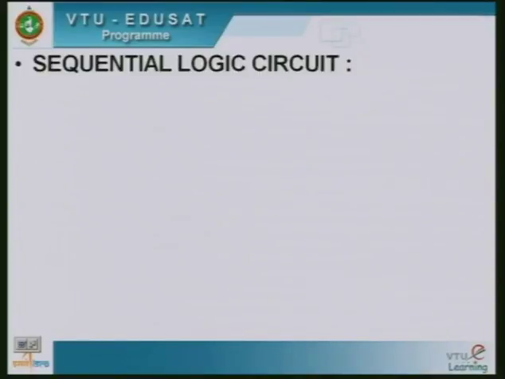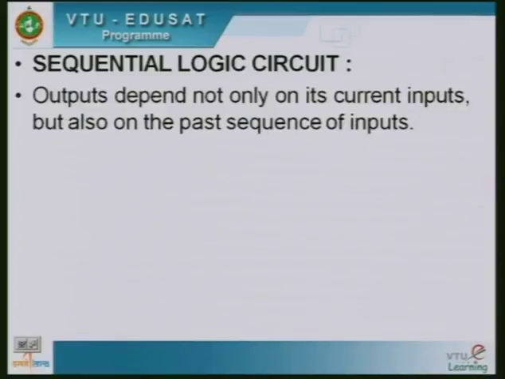Now we will see what sequential logic circuits are. Sequential logic circuits, in opposition to combinational logic circuits, depend on the present as well as the past sequence of inputs. So it depends on the past inputs and sometimes the past outputs also, along with the present inputs. So what should happen in a sequential logic circuit?